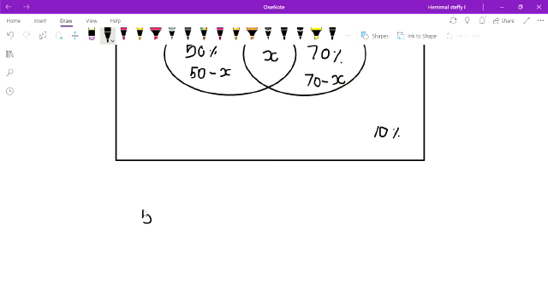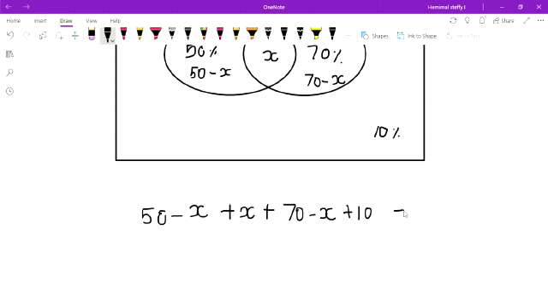Now I am going to find the value of x. How am I going to find that? 50 minus x plus x, I am adding all the values. 50 minus x plus 70 minus x, then the passed value, plus 10%, the failed students. I am adding all that.